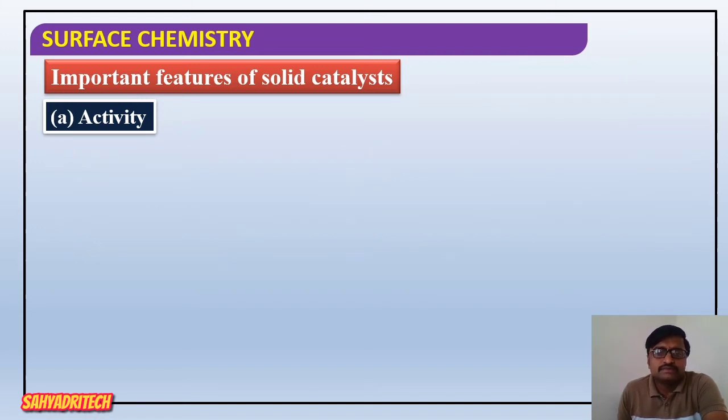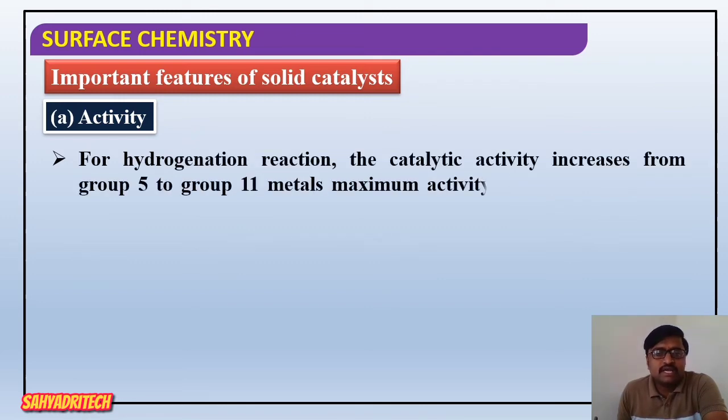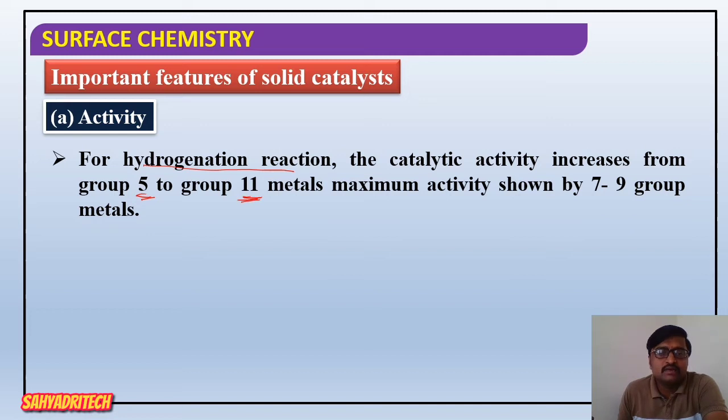So if I consider one example here, for hydrogenation reaction, the catalytic activity increases from group 5 to group 11. Now if you analyze group wise, catalytic activity increases from group 5 to group 11. And what group elements have maximum activity? Usually group number 7 to 9 elements show maximum activity.